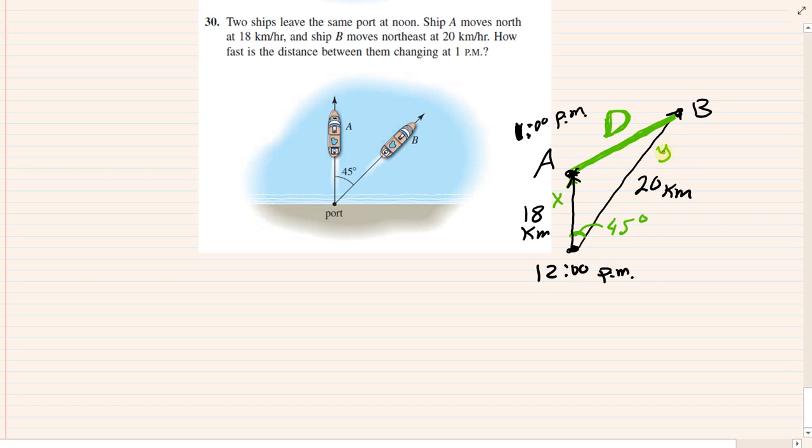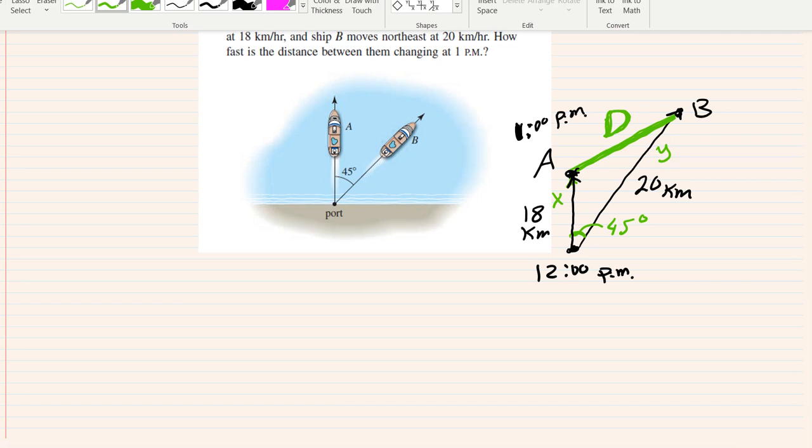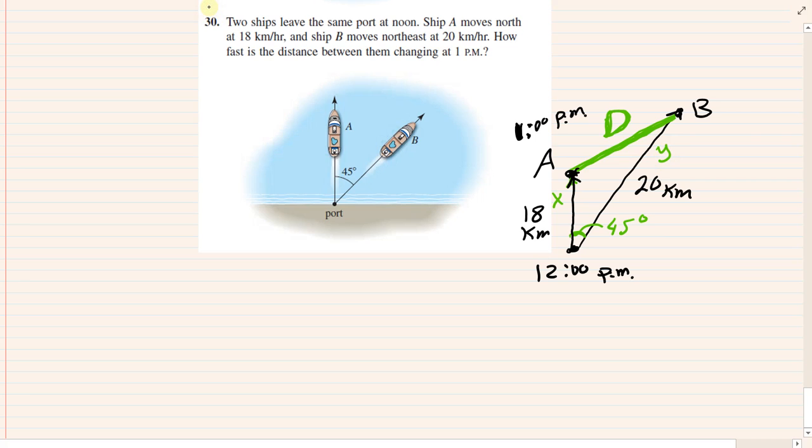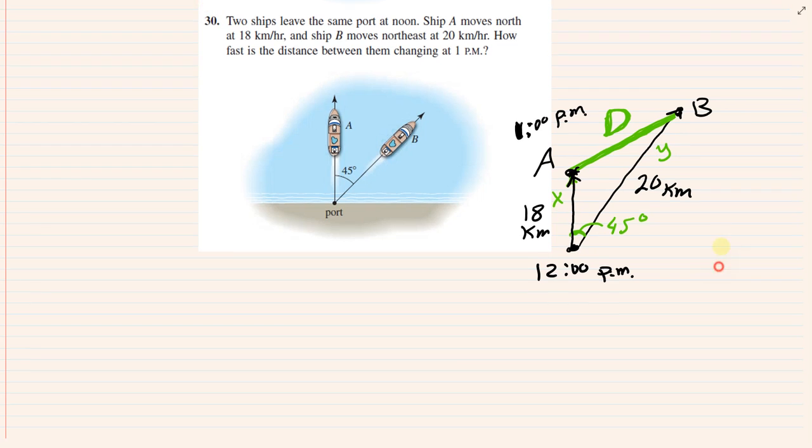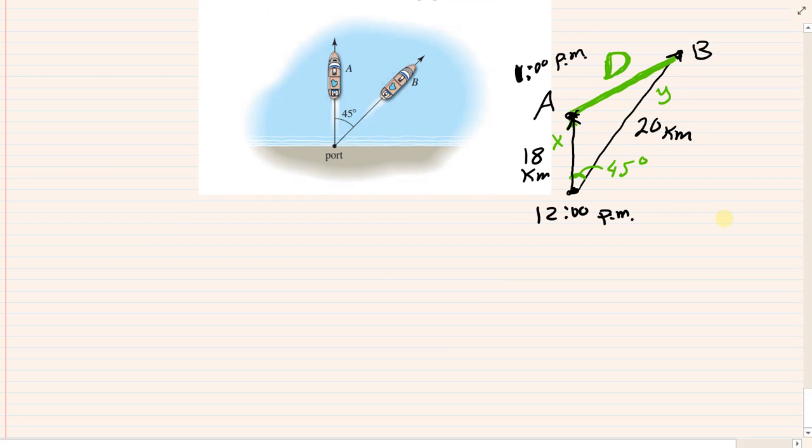And we need an equation that joins X, Y together and D, the distance between them. And because this is a triangle, we've got to look at the triangle relationship, right? We're going to have to use the law of cosines to find the relationship between the three sides. That's why we use the law of cosines.